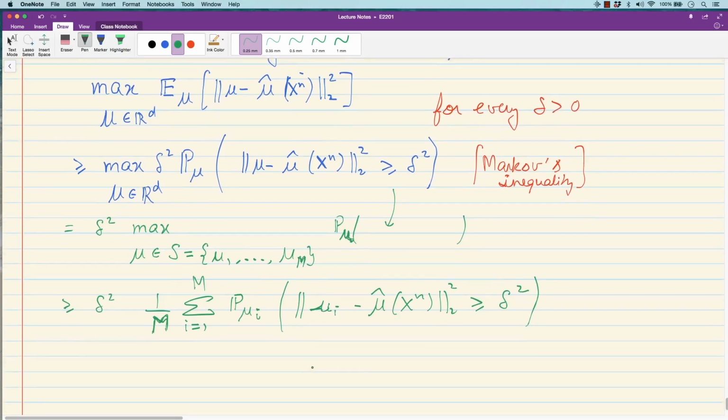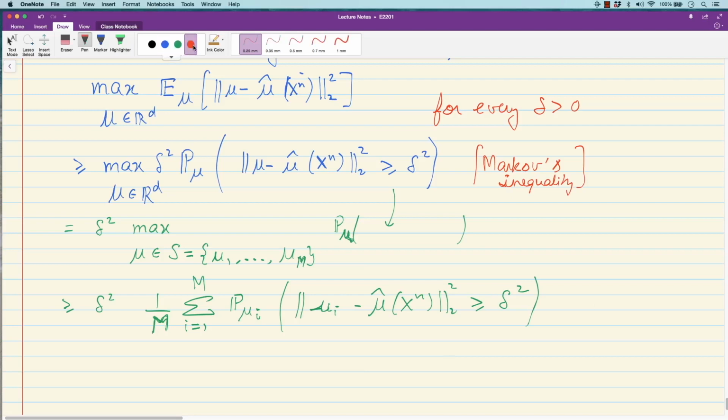So this thing looks familiar. This looks like some kind of probability of error, average probability of error. You have hypothesis mu i, and this mu hat comes out, and you are checking what is the probability with which mu hat is far from mu i. You can define a new test, and I'll define the test here.